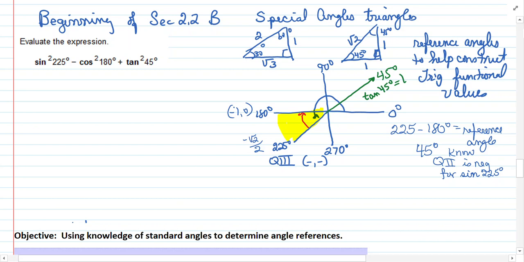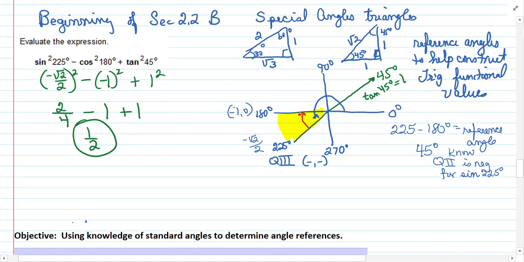So in the sine of 225, we have a negative square root of 2 over 2 squared minus the cosine of 180, which is negative 1 squared, plus 1 squared. So let's see what we've got here. We've got 2 over 4 minus the 1 plus the 1. That gives me 1/2 when we evaluate that expression.